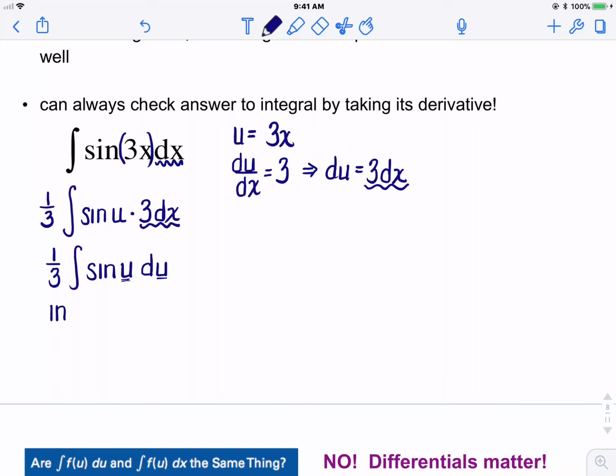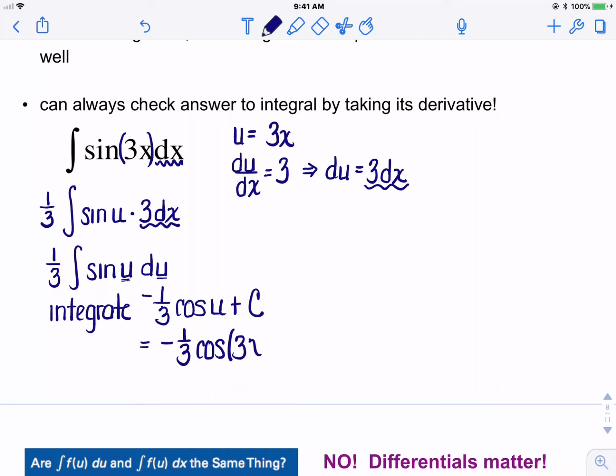I'm going to integrate in terms of u's, so I've got 1/3, and that'd be negative cosine u plus a constant. And therefore, my final evaluation, when I go and resub, it'll be negative 1/3 cosine of, and again, I'm going to put instead of u, my x's back, plus a constant. I need to resub.